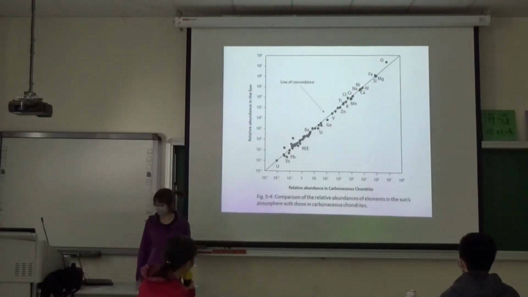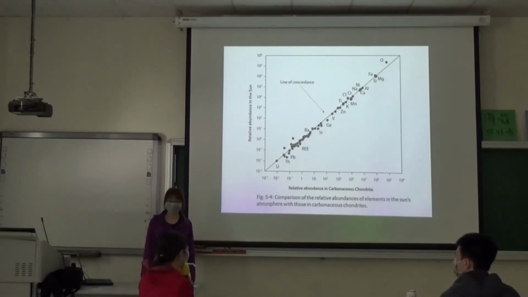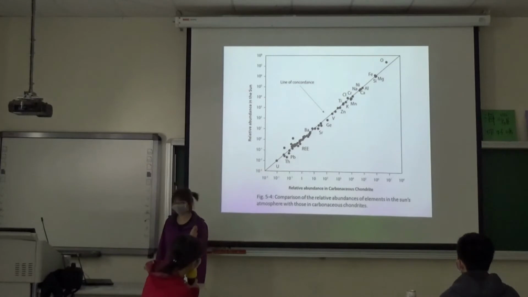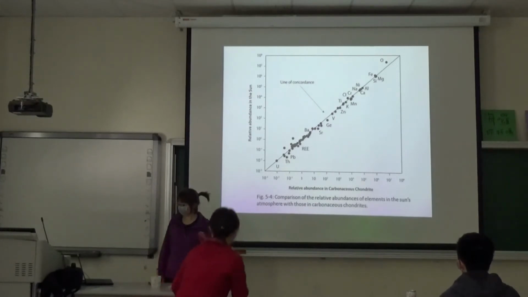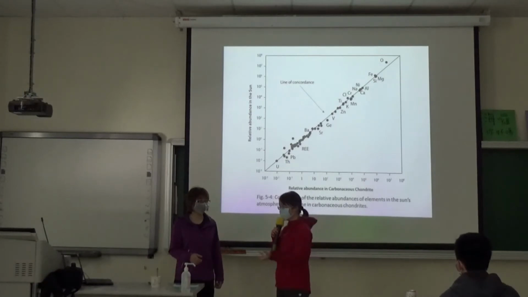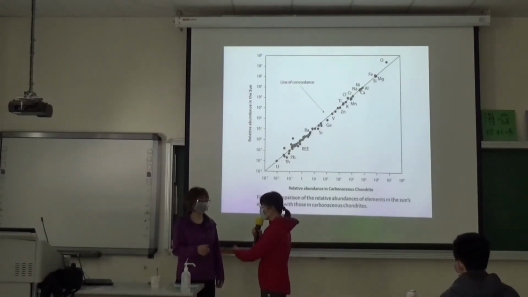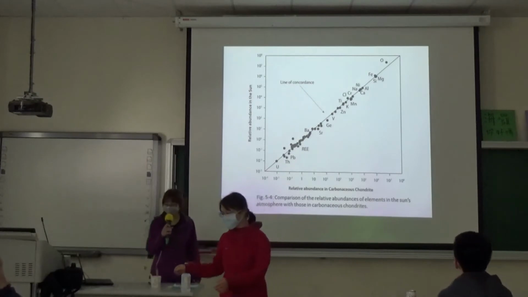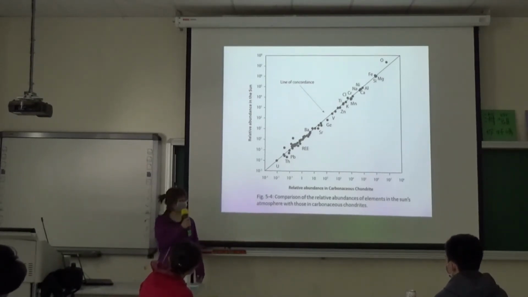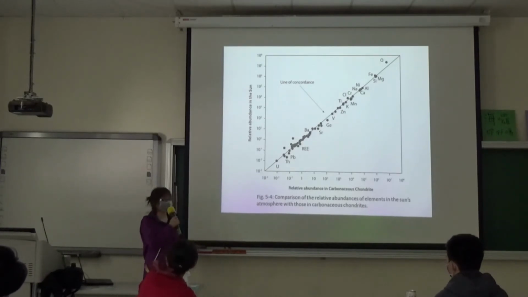Can you elaborate, which means explain in detail, what does the one-to-one relationship between chondrite and sun tell us? They look very different, right? One is very shiny and the other is a piece of rock. So what does that tell us? It provides the evidence that the inner planetary elements are resources from the sun.